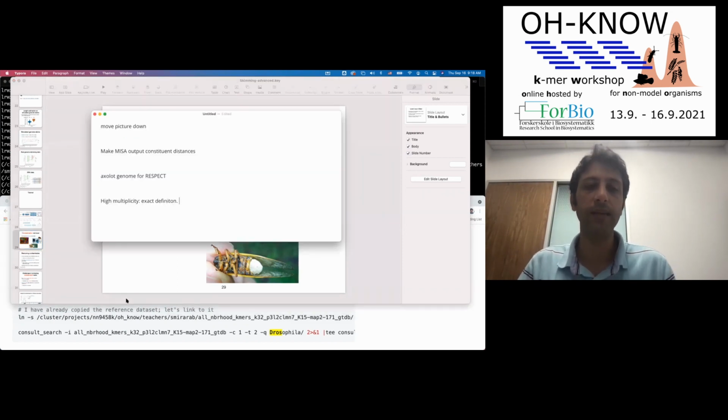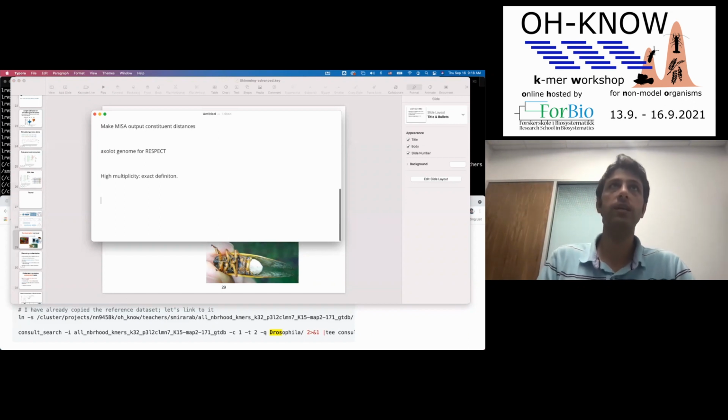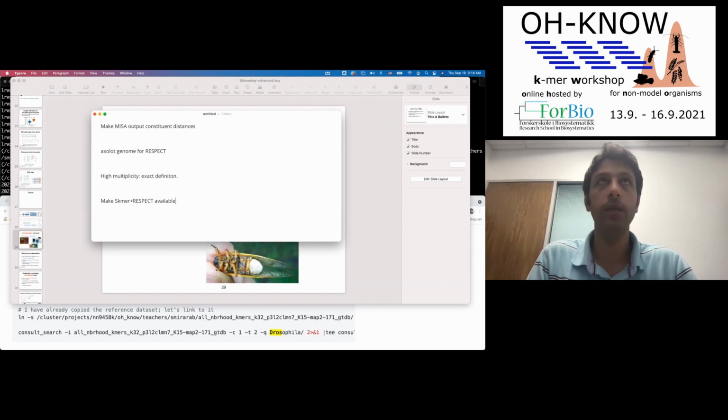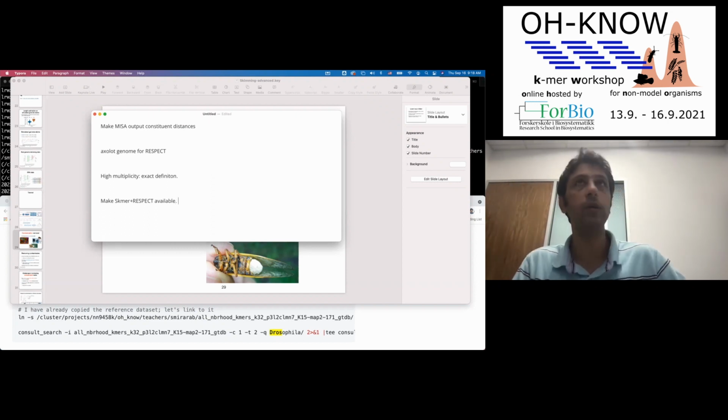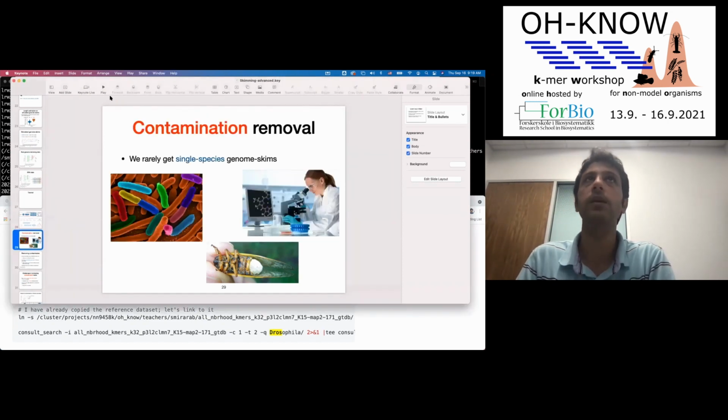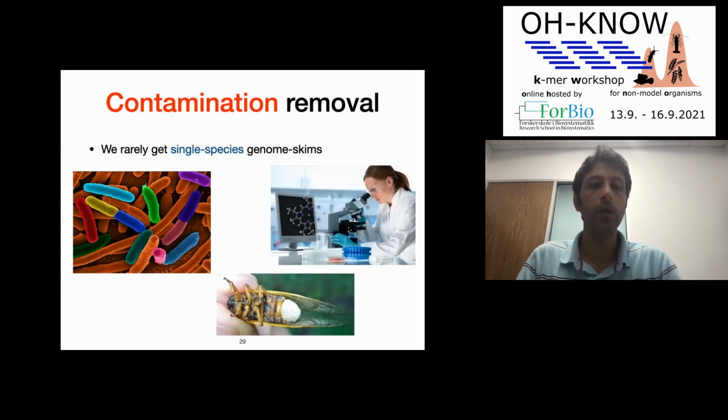Just be aware that that combination hasn't been published yet, but like I showed you, it's higher accuracy. So, make a skimmer plus respect available. I'm going to make that available to you guys later this week and add it to the wiki. Thanks, Samuel, for reminding me.